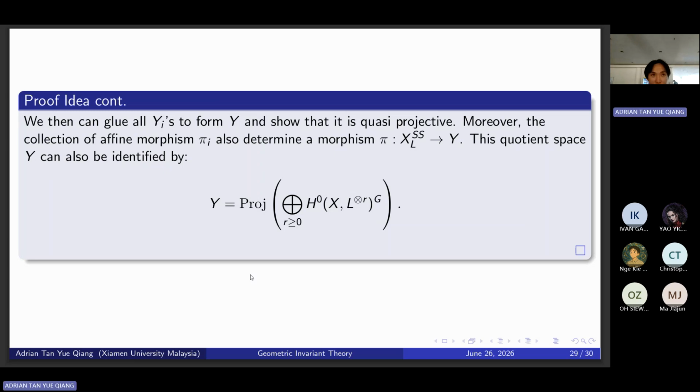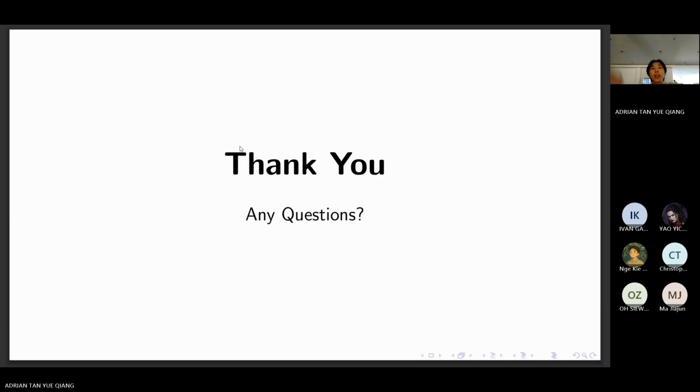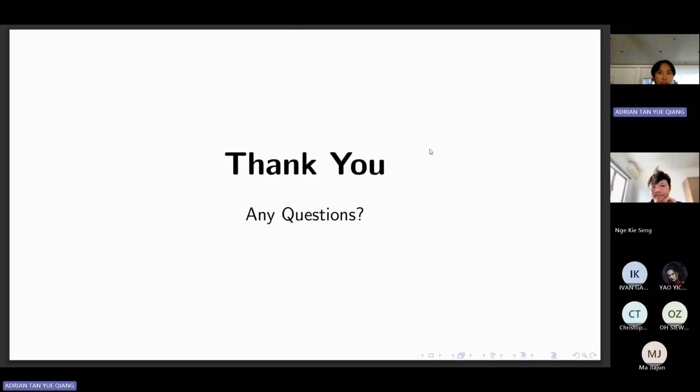I did not present it because again it is very technical. So following the same idea again, we can construct this and we can construct our morphism by gluing all the morphisms. And that is all from me.